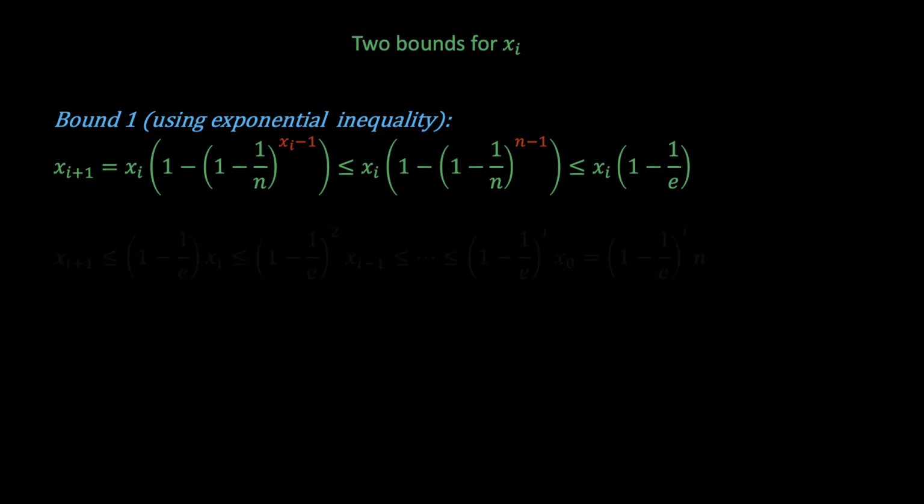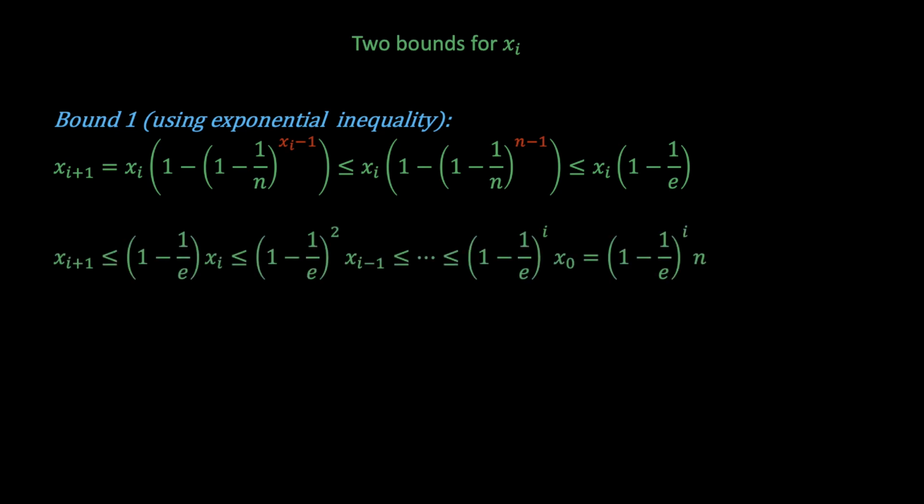This is now useful because we can unroll this recurrence to get x_{i+1} is at most (1 - 1/e) times x_i, which is at most (1 - 1/e)^2 times x_{i-1}, and so on until x_0 equals n. So we get the final bound of x_{i+1} is at most (1 - 1/e)^i times n.